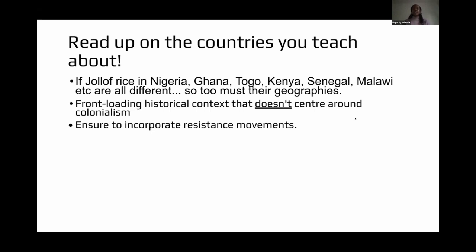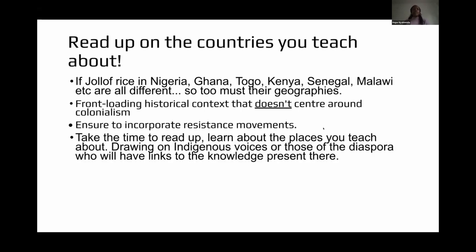It might not be appropriate within every single context that you're teaching an African country within, but it could be an opportunity to look for other places to teach it within the particular curriculums that you have.